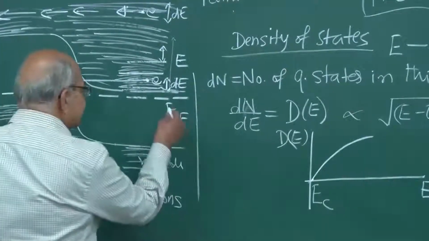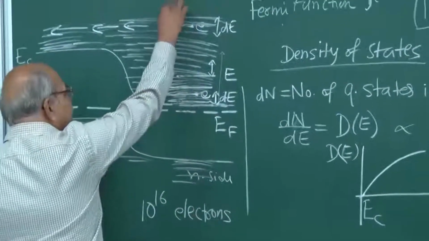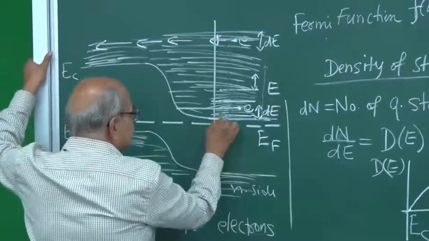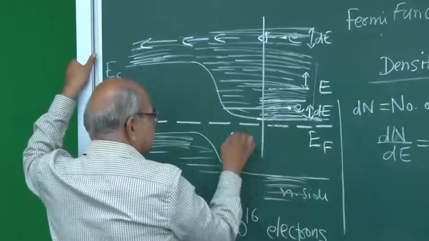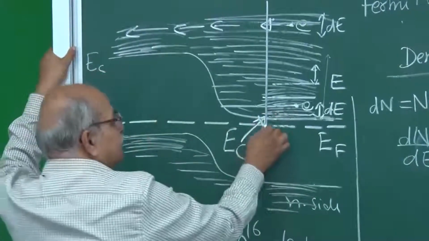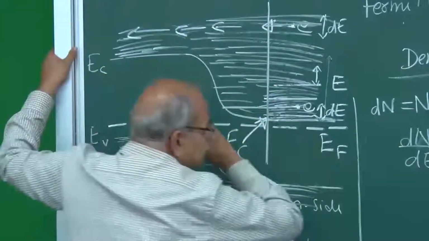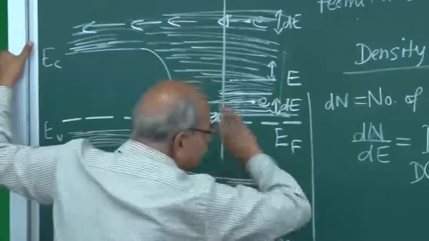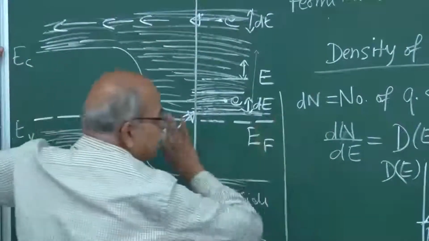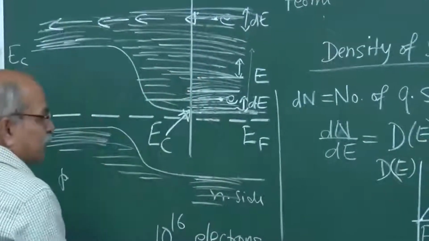You can plot this dE here also. If I draw a line here and energy is going up, this point is energy EC, and energy is going up here. And if density of states, this dE I am plotting on this side, towards right. What will happen?